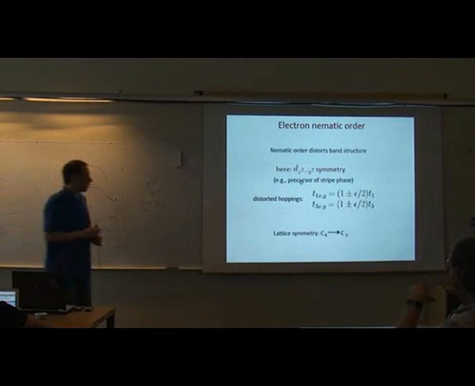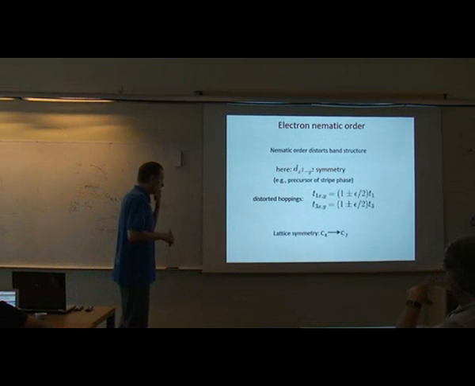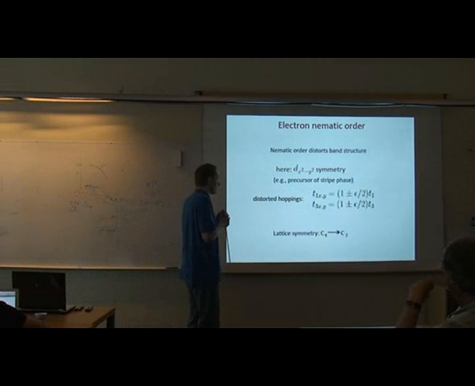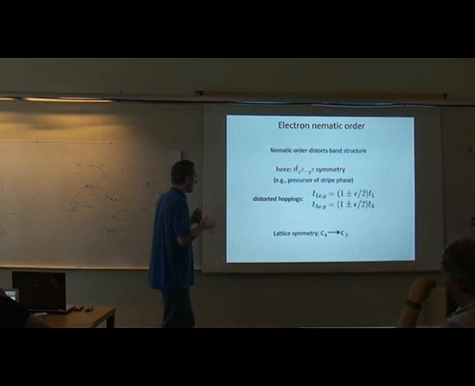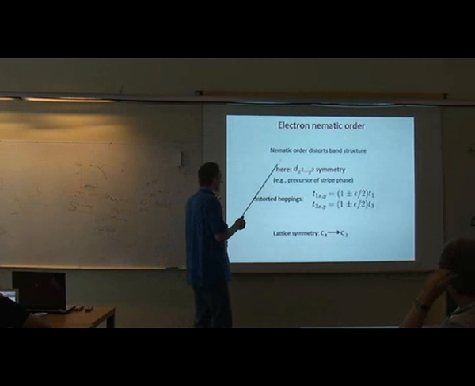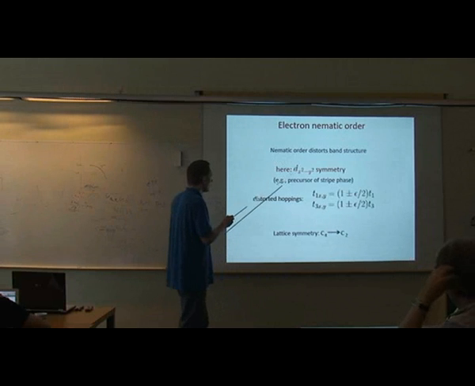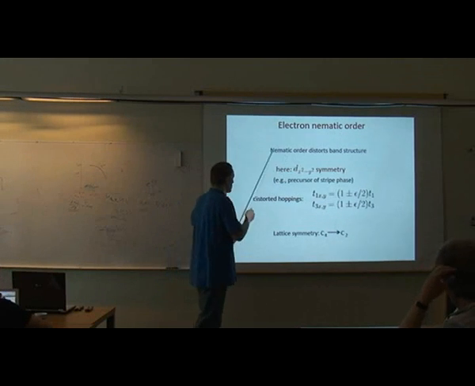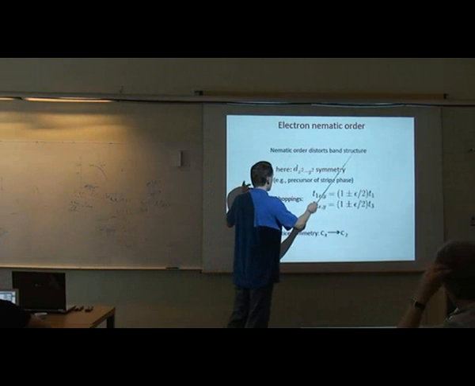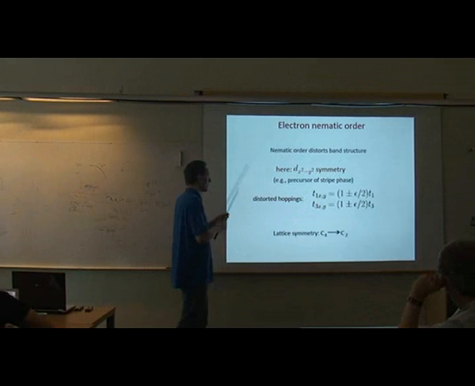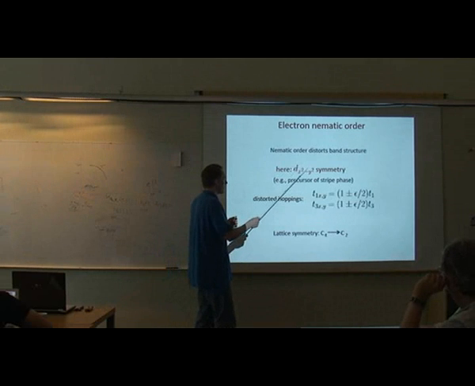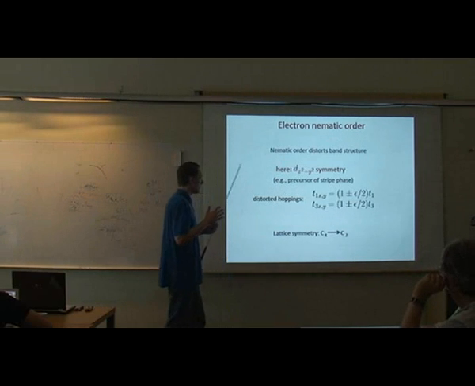And now the case I like to look at is, of course, the real electron nematic order, which is nicely proposed by Steve Kivelson and other people. And now I take the case, of course, of the simple quasi-particle picture. This is quite clear in the sense that nematic order couples to the band structure, and very basic effects should already be seen in the quasi-particles. In this case, I looked at some dx squared minus y squared distortion.